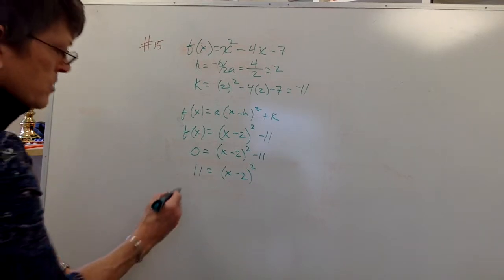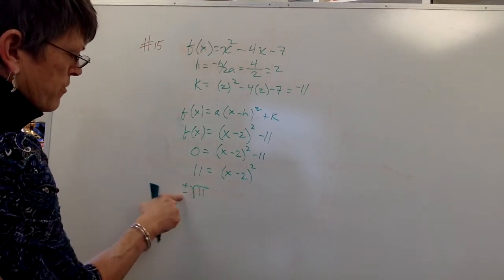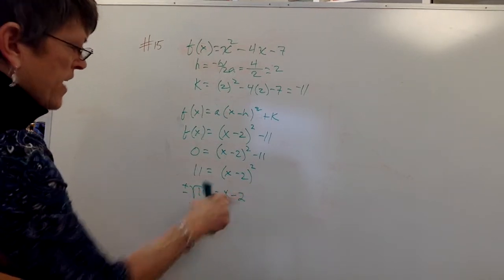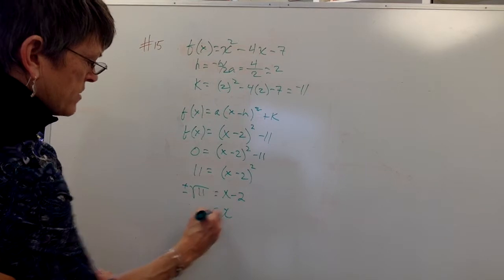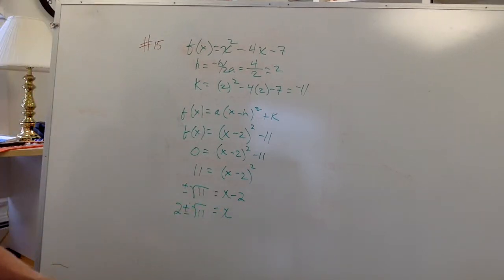Take the square root of both sides. We then get plus or minus. Remember that. That's important. x minus 2. And if we add 2, we get x is simply equal to 2 plus or minus the square root of 11.